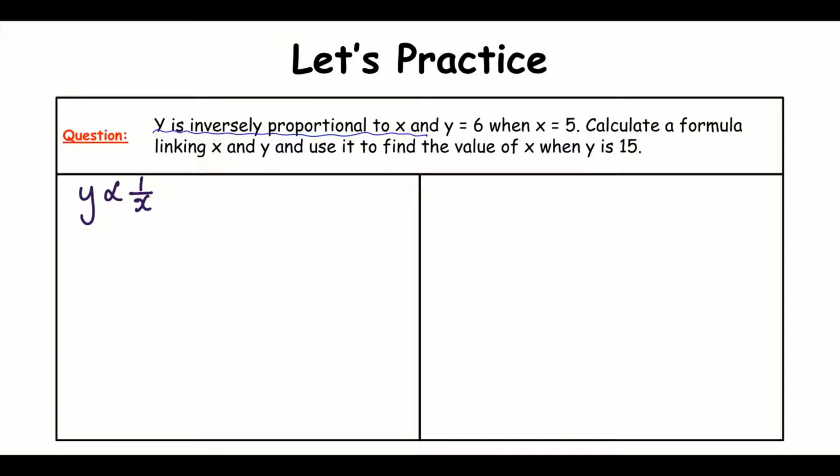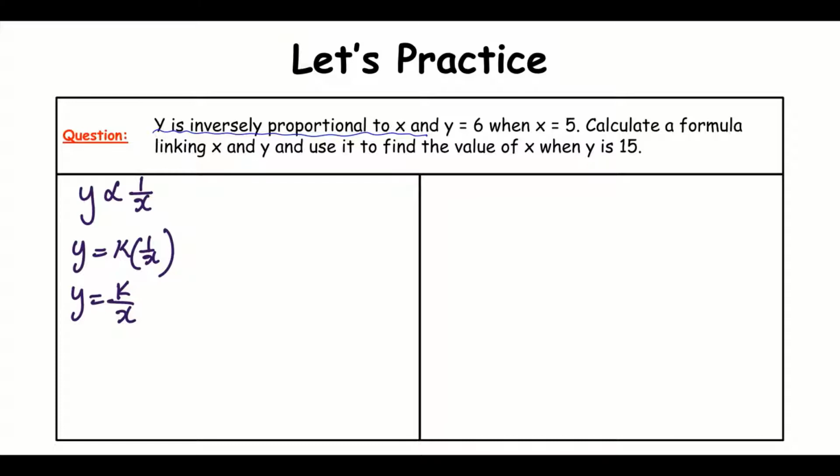Inverse proportion, so we are reciprocating. Hence, the equation is going to be y is equal to k times 1 over x. y is equal to k over x. So we have an equation linking x and y.